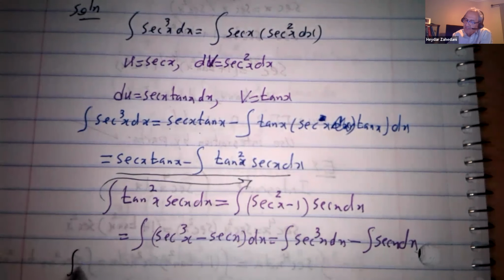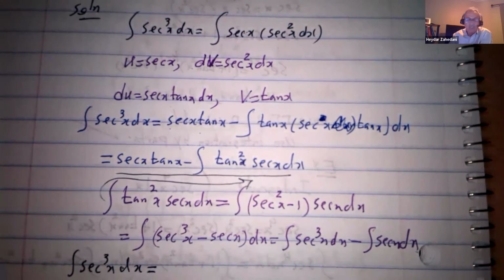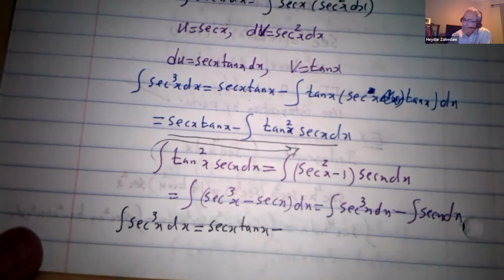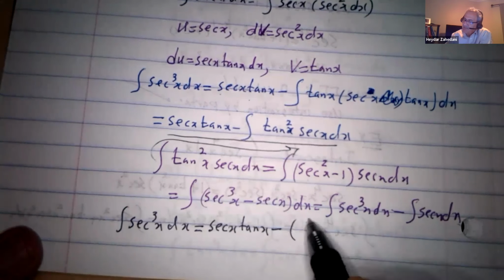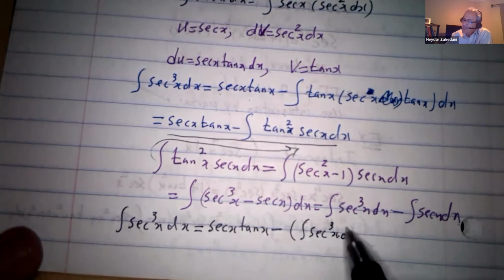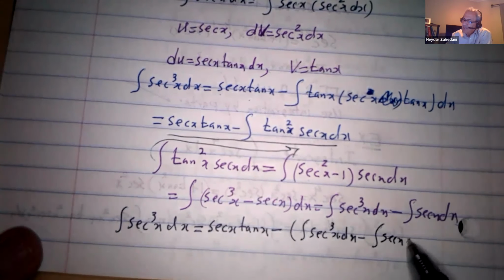So remember, you start with the integral of secant cube of x dx, which is equal to what? Is equal to secant x tangent x minus this integral. But you simplify this integral as what? As integral of secant cube of x dx minus integral of secant x dx.